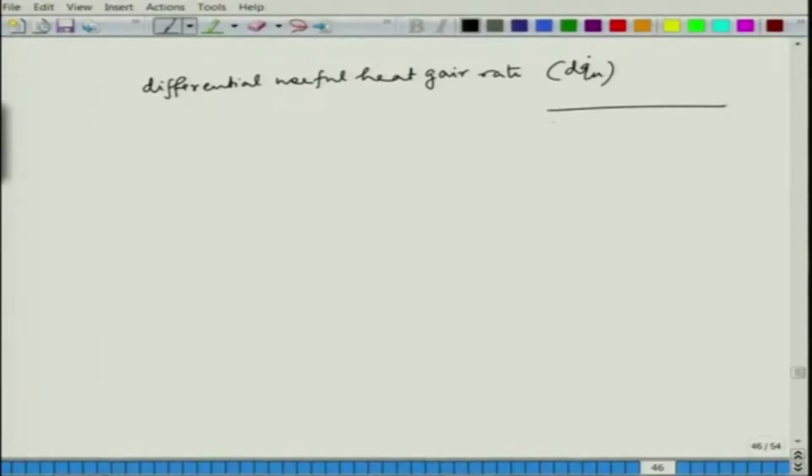If we look at the receiver tube, at one small portion of it of length dx, we have some temperature Tf coming in and some increased temperature Tf plus dTf going out. Okay. So, for that what would be the dQu? That is our question.